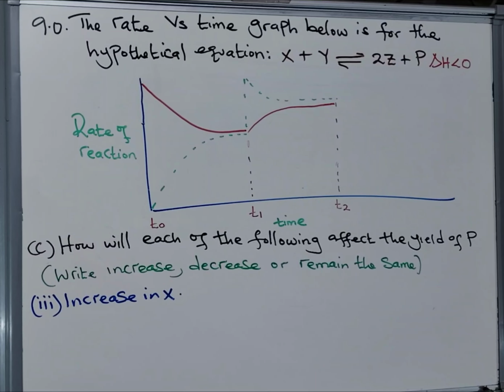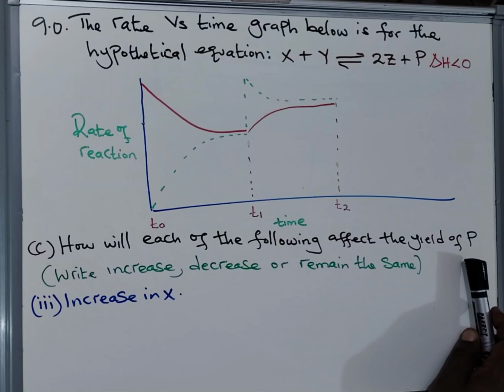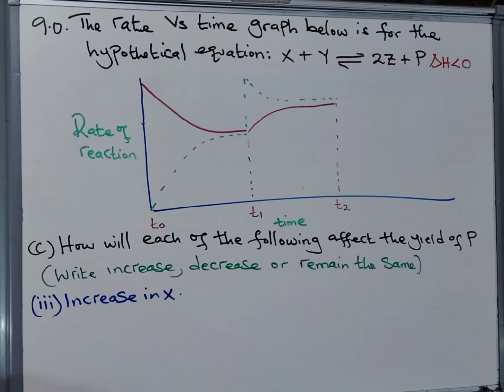Then next, increase in X. How will increase in X affect the yield? We have the equilibrium x plus y giving you 2z plus p, and here we are increasing x. What happens when we do that?